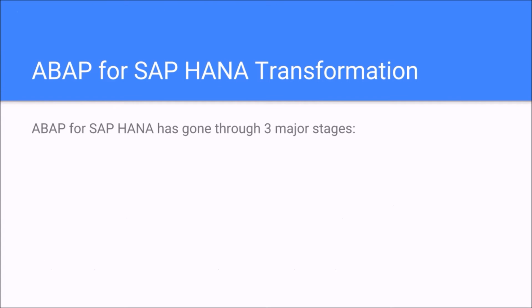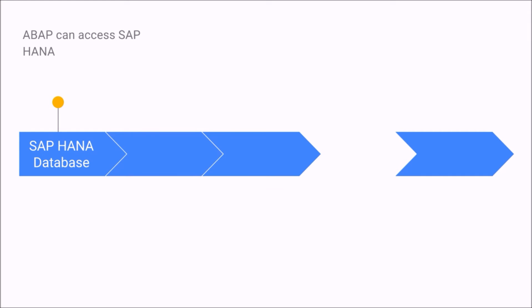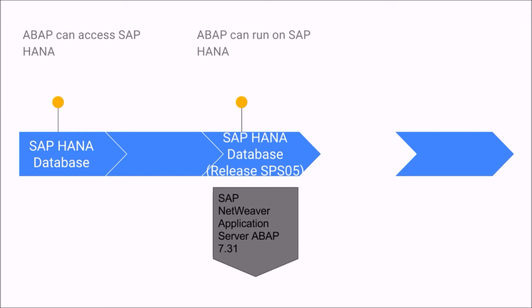ABAP for SAP HANA transformation. ABAP for SAP HANA has gone through 3 major stages. At the beginning, ABAP could only access SAP HANA. Improvements were made, and on a second stage, ABAP could run on SAP HANA.